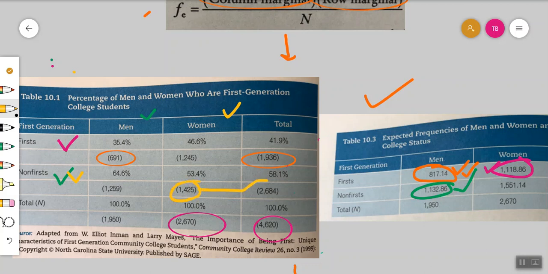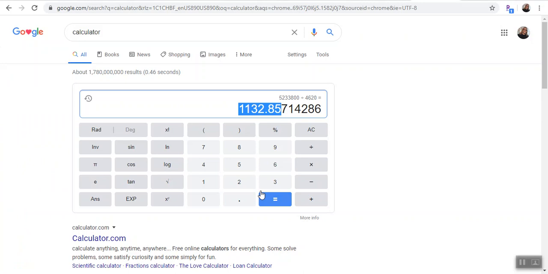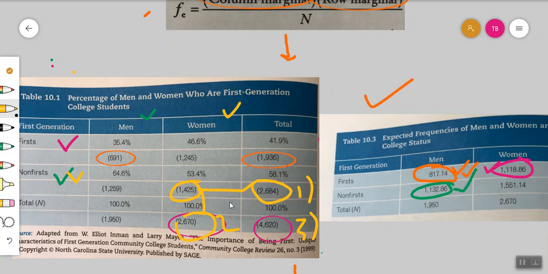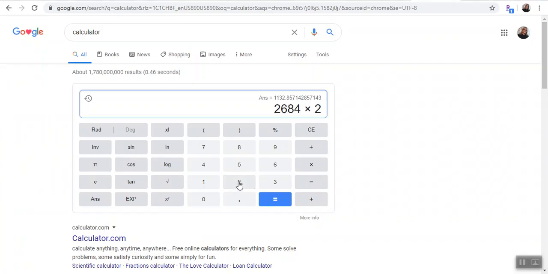So go over here, the marginal, number 1, number 2, and finally this is number 3. Okay, so number 1, you take 2684, times 2670.